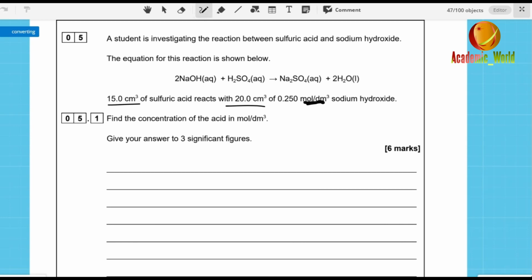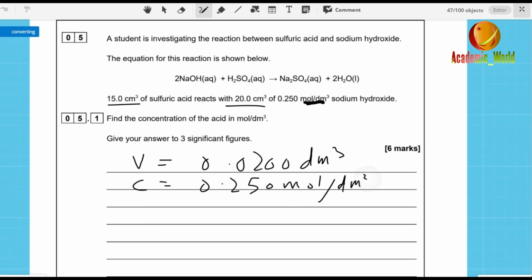Let me calculate the volume first. The volume of NaOH is equal to 0.0200 decimeter cube, and the concentration is equal to 0.250, that is in case of NaOH.